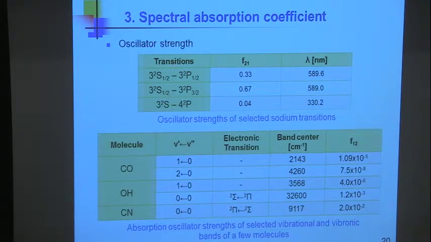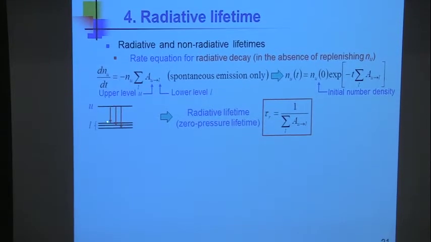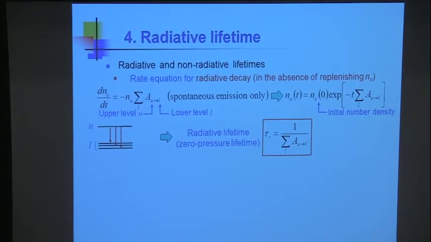Okay, so we've covered a lot of ground here. The way to think about these radiative and non-radiative lifetimes is here. Imagine we have some molecules or atoms in upper level U, and they're able to radiate to some combination of lower levels. We could write an equation for the rate of change of population in level U due to the spontaneous emission only.